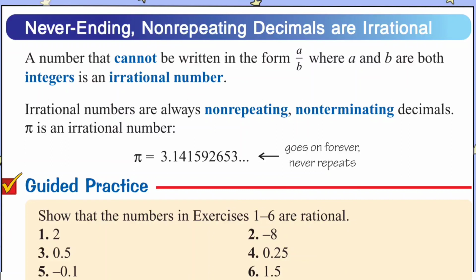That number, pi, goes on forever and it never repeats. So we always have to truncate, cut off some of the end numbers of pi. It's always written in an approximate way because it's irrational, doesn't repeat in any particular pattern, and goes on forever.